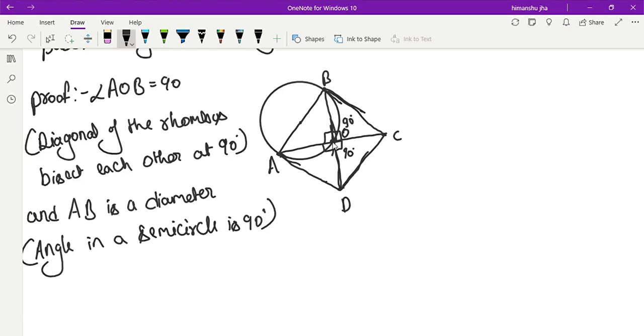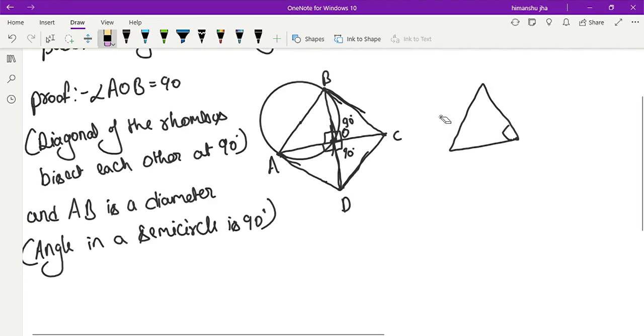Hence see, this angle is 90 degrees as the diagonals bisect each other. So this is the angle in a semicircle only, because AB is a diameter. It is given in the question that AB is a diameter. Then at any point, if it drops on the circle, that angle will be 90 degrees. The angle in a semicircle is always 90 degrees, that we already know by the theorem.